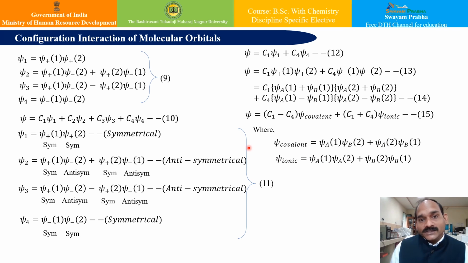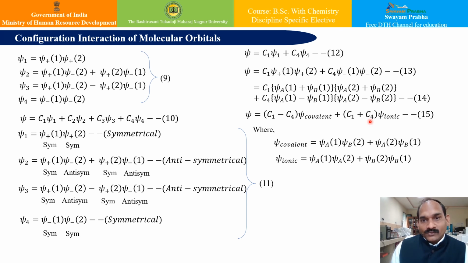So the interaction between the two configurations Psi1 and Psi4 in equation 12 will produce two refined molecular orbitals with the coefficient C4 having positive and negative values respectively, obviously. From equation 15, it thus follows that the contribution of covalent and ionic structure in the refined molecular orbital becomes uneven.